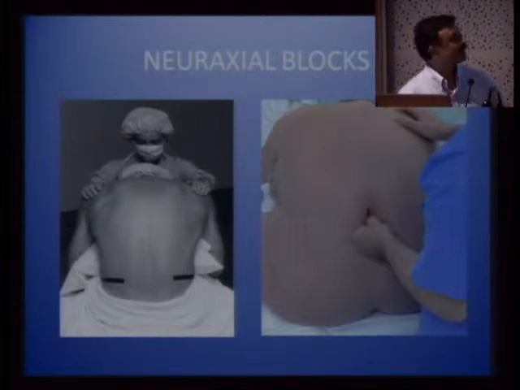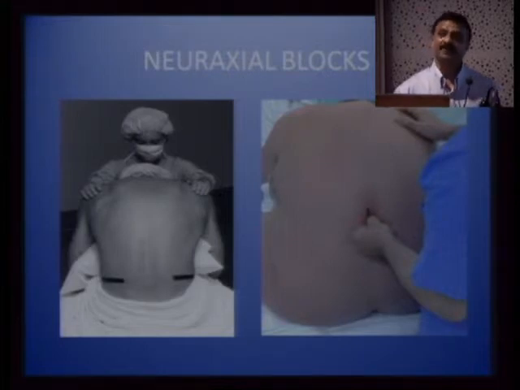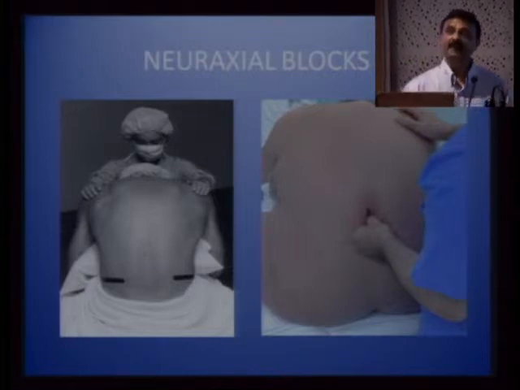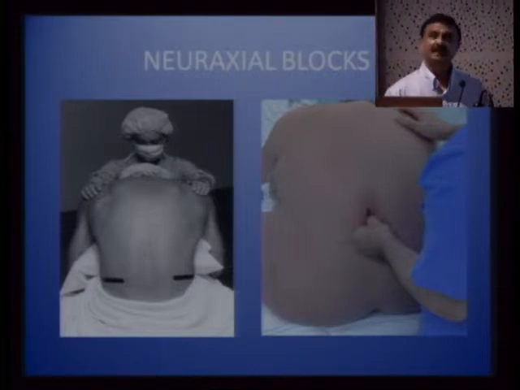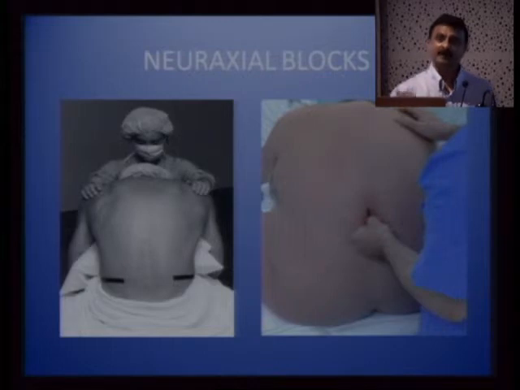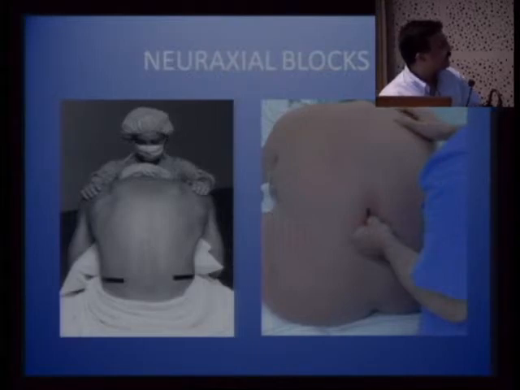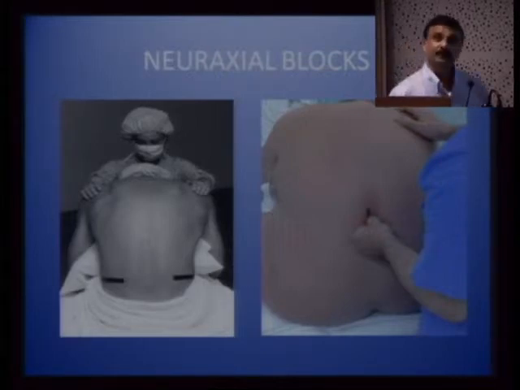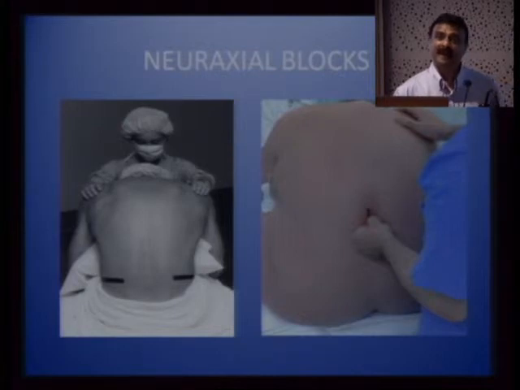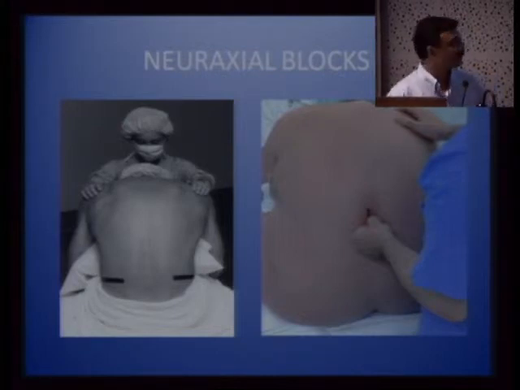What happens in such a spine is that A tries to do an epidural, tries a couple of times, then B takes over, and then finally C takes over and somehow manages to site the epidural and put the catheter in place, provided the patient has not swooned in the meantime because of a vasovagal. When you come back to these dark lines here, you will agree with me that these are Tuffier's lines, and they are supposed to correspond with the L4, L5 intersection.